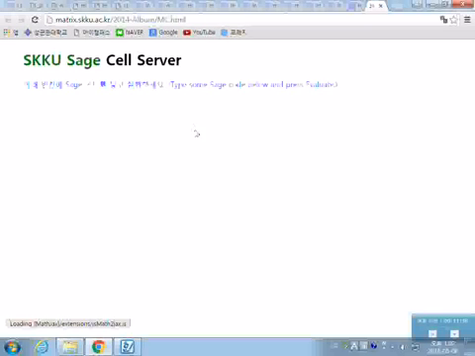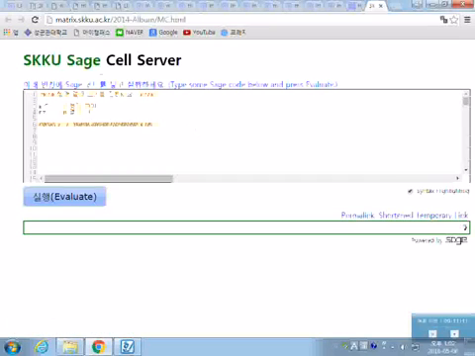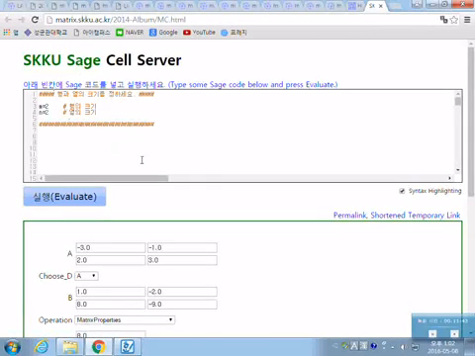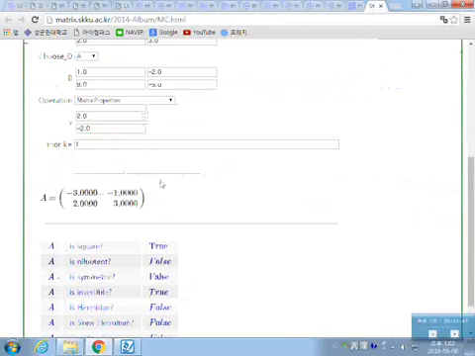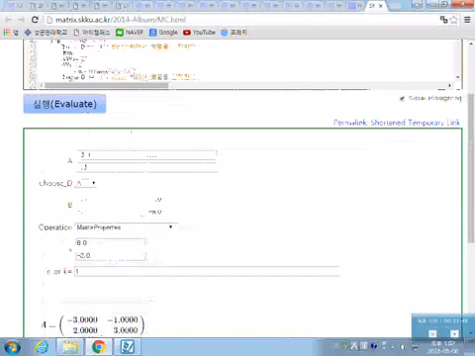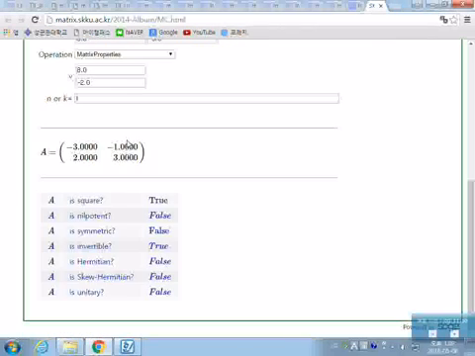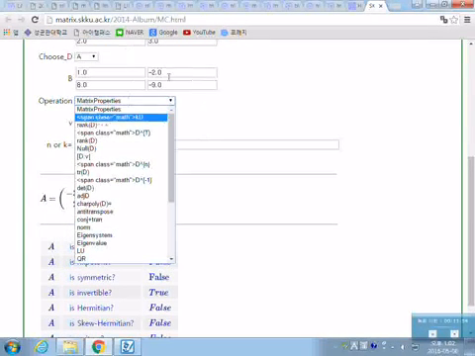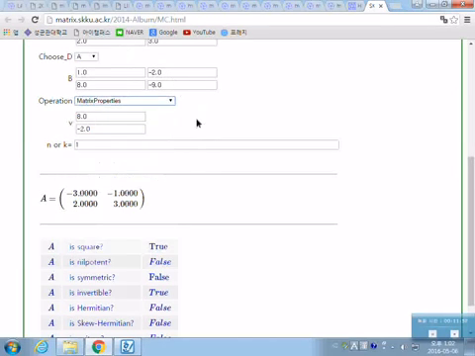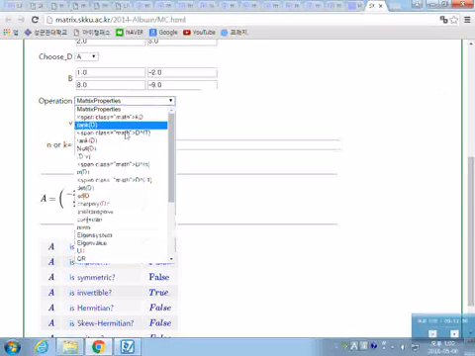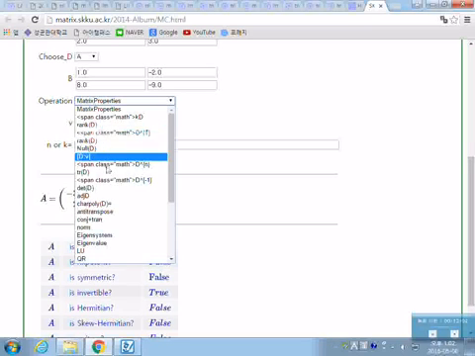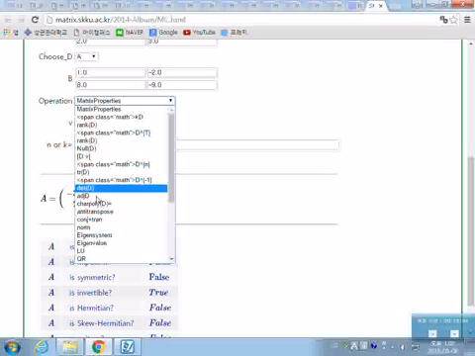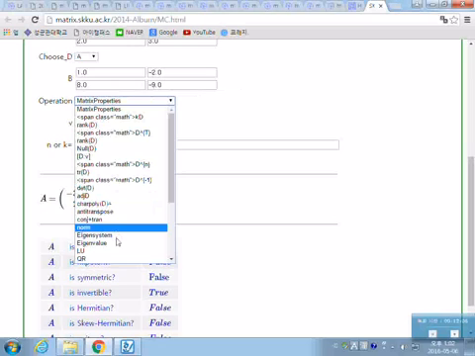And here is another useful tool, developed by Professor Lee. For any 2x2 matrices, we can perform operations between two matrices, and also get the rank, null space, determinant, and many other things.